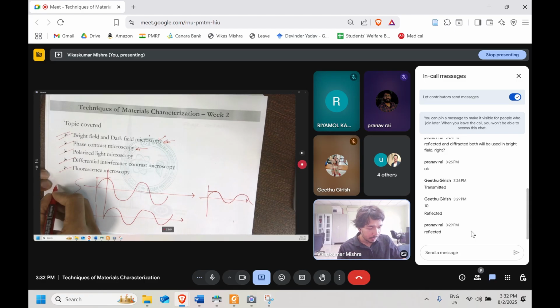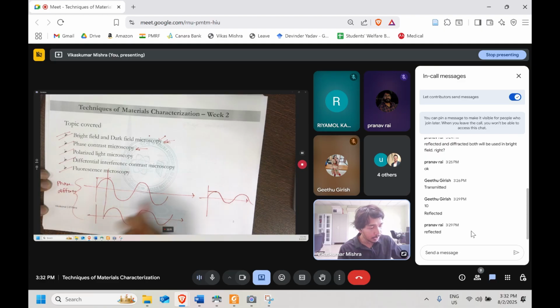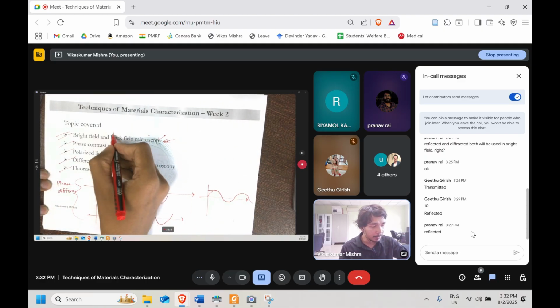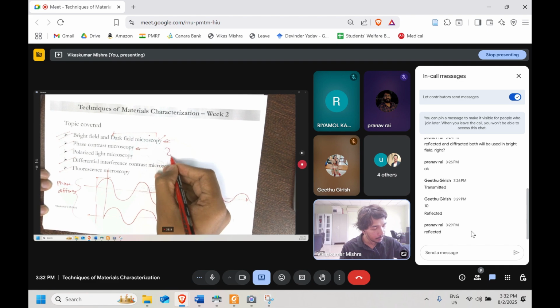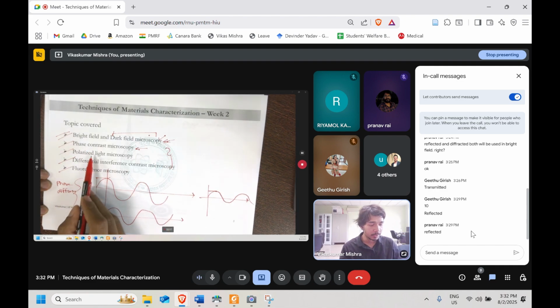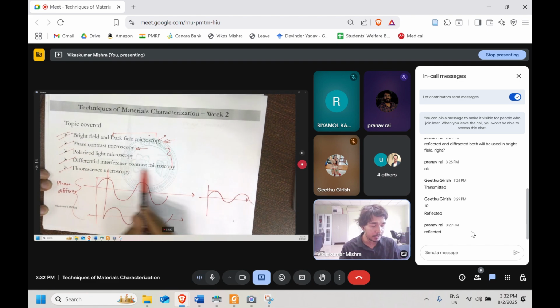This phase difference is the one which separates dark field microscopy from the remaining three: phase contrast, polarized light, and differential interference contrast (DIC) microscopy.